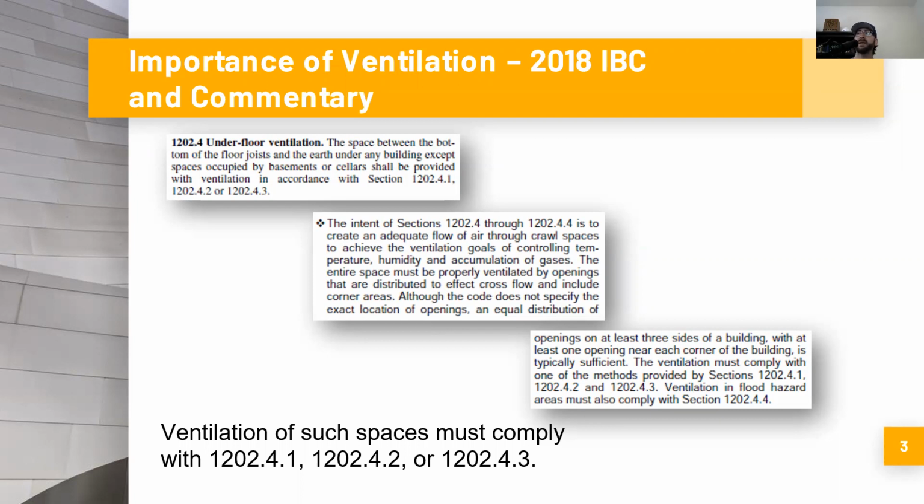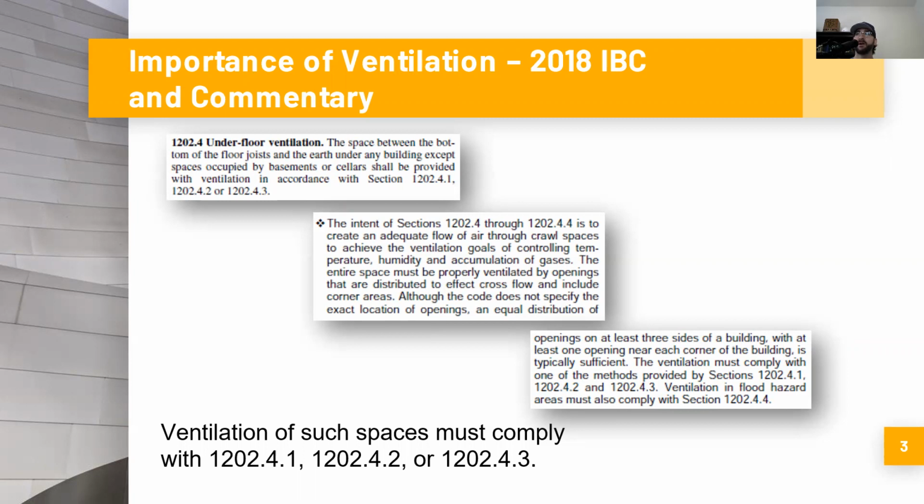So you'll note that the commentary correctly points out that the code does not specify these locations. This is where the judgment of the design professional comes into play. It's up to the engineer or architect who is designing the ventilation system to make sure that they do achieve cross flow.